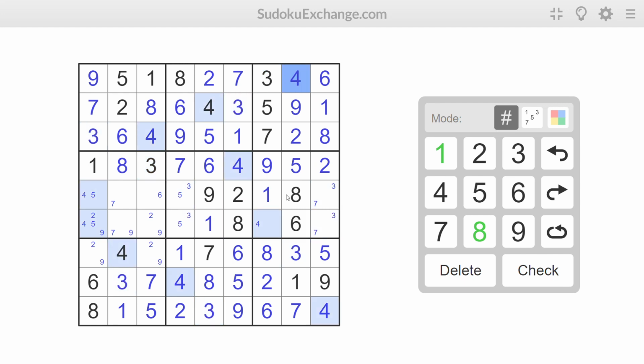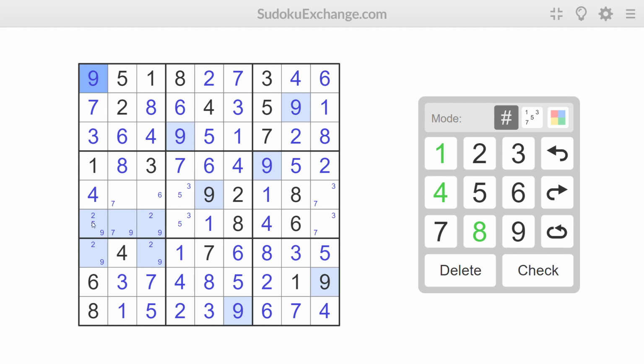Four. So we're left with only a single 4 here. So let's put a 4 here. Eliminate this 4. We're left with this cell which can contain a 4. Nine.